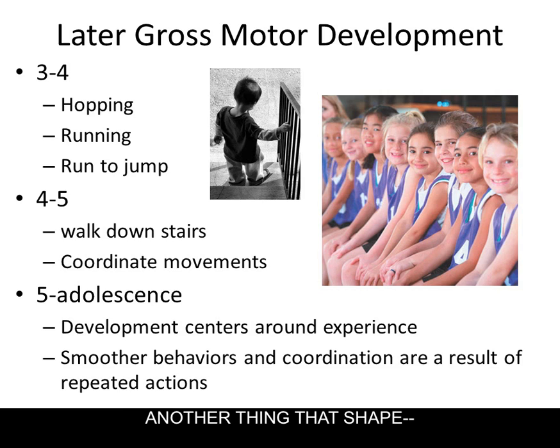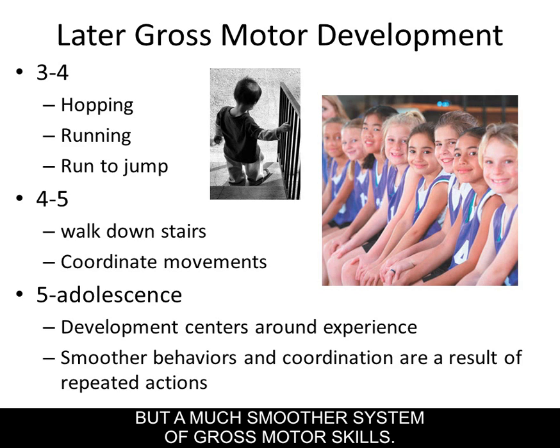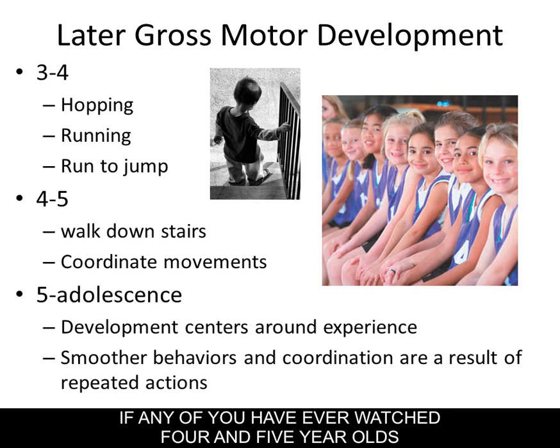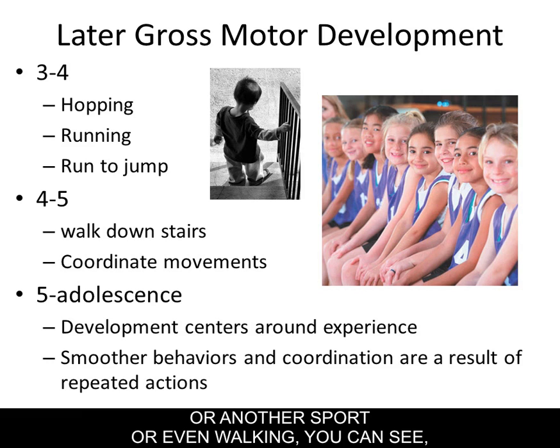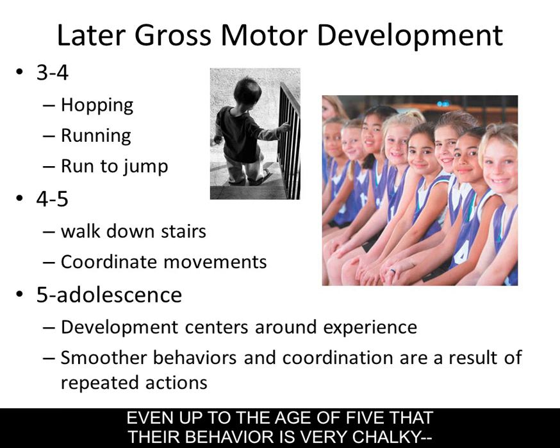Another thing that takes shape after about the age of 5 is not only specific gross motor skills, but a much smoother system of gross motor skills. If any of you have ever watched 4 and 5-year-olds trying to play a game of basketball or another sport, or even walking, you can see, even up to the age of 5, that their behavior is very choppy.